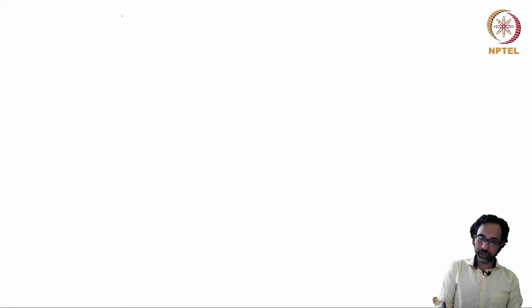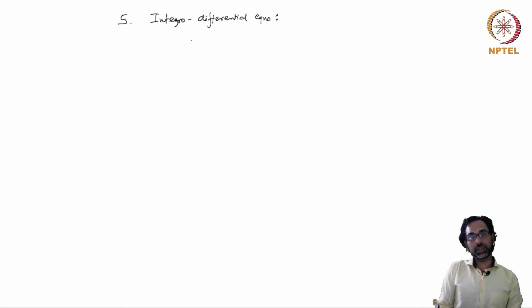Now you can have a mixture of integrals and differentials, so let me write this as integro-differential equations. These are equations where the unknown appears both as a derivative as well as inside an integral.